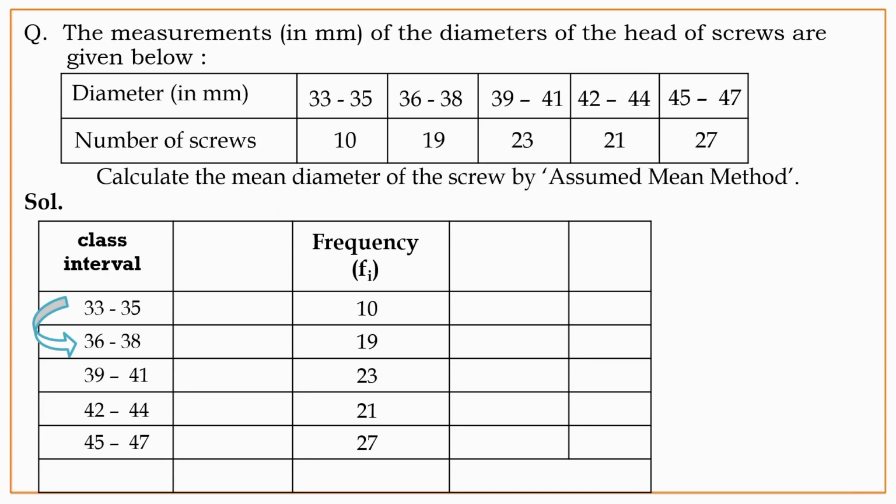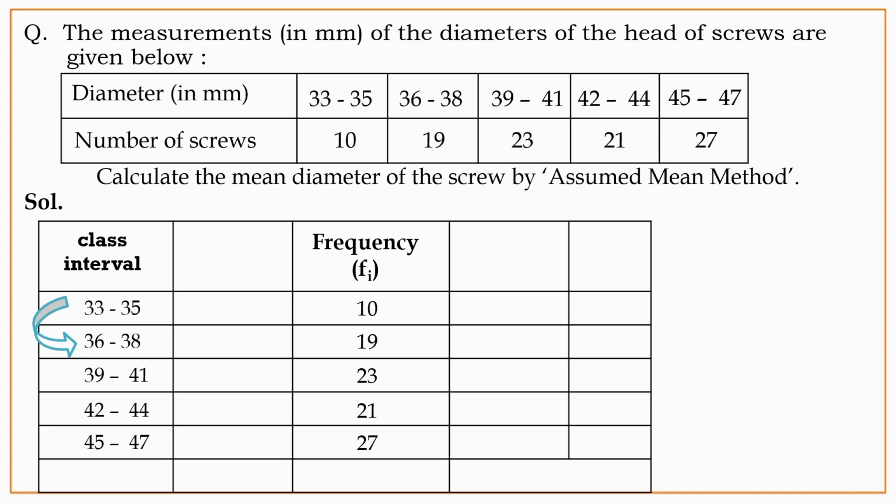Class width, we know, is the difference between the subsequent class intervals; either the lower limit or the upper limit, anyone you can take. If you take a look over here, this class interval is not continuous, right? Because 33 to 35, after that we have 36 to 38.